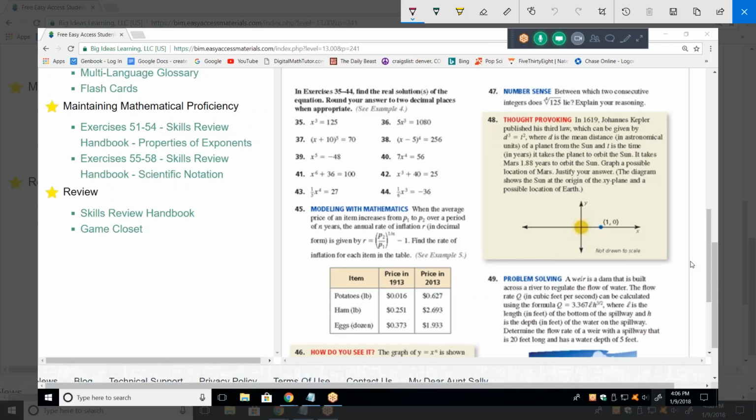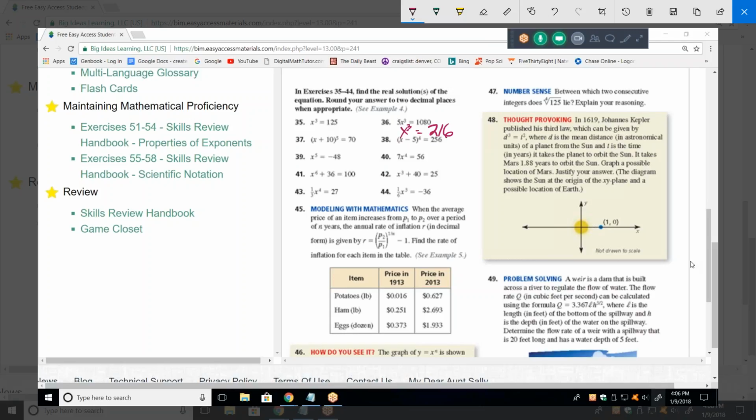How do I do that? So divide both sides by 5. What do you get? 216. Now what? So cube root it.